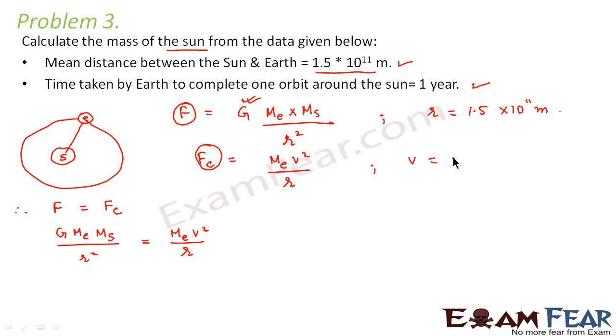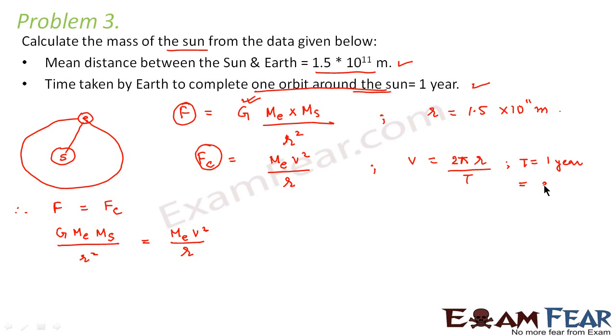What would be the distance travelled here? It would be 2 pi into r. What is r in this case? R is the distance between the earth and the sun, because 2 pi r would be the circumference of this circular path. So that means 2 pi r divided by time taken to complete one orbit. And the question says that time taken to complete one orbit is 1 year. That means t is equal to 1 year.